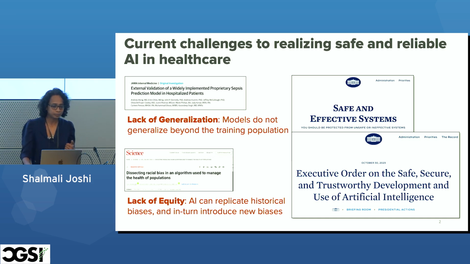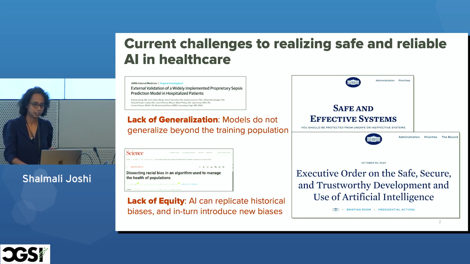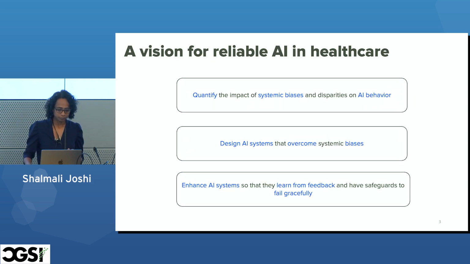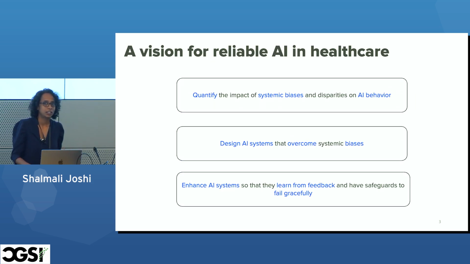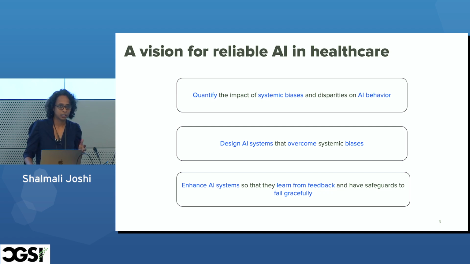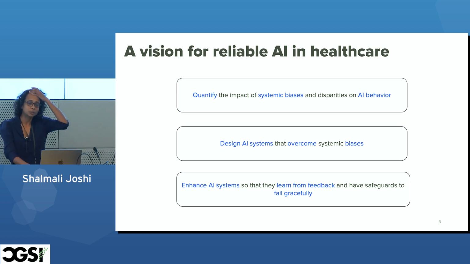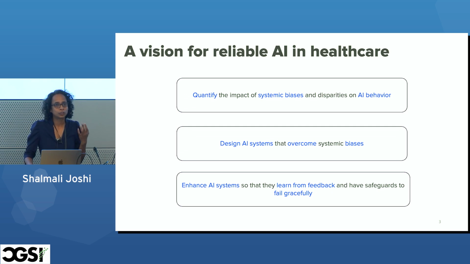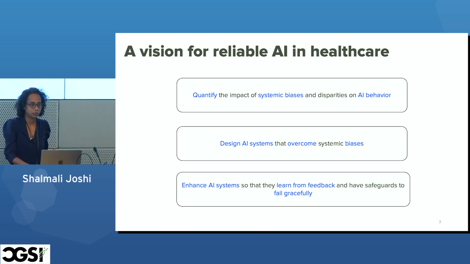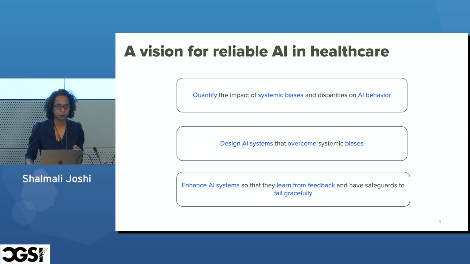of AI. Okay, so this talk is about trying to understand sources of disparity in a particular case study in AI in healthcare. To me, it is very much an engineering research problem, where if you want to understand the sources of biases, we need to develop tools that can help us quantify.